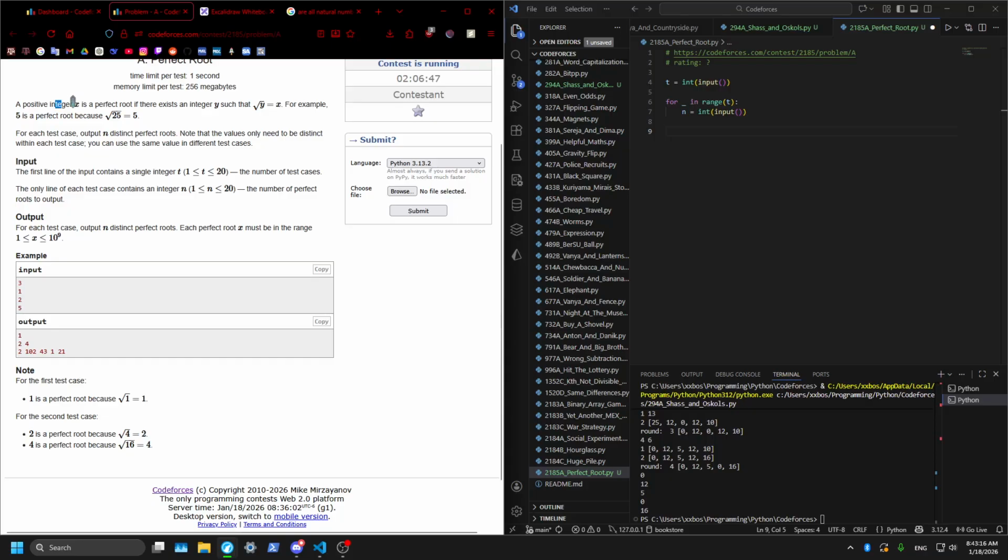A positive integer x is a perfect root if there exists a y such that square root of y equals x. For example, 5 is a perfect root because square root of 25 is 5.